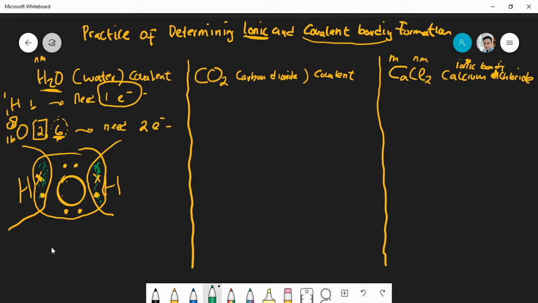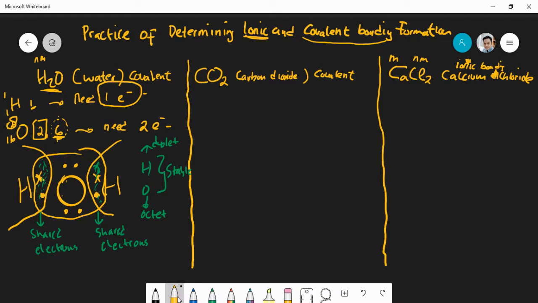So it's a shared electron, and this is also a shared electron. Because of these shared electrons, both hydrogen and oxygen are now stable. Hydrogen is in a duplet because it has two electrons, and oxygen is in an octet because it has eight electrons. I think that's clear.